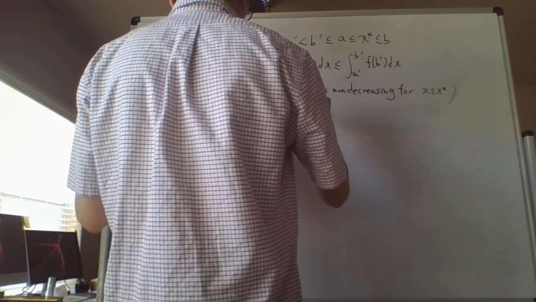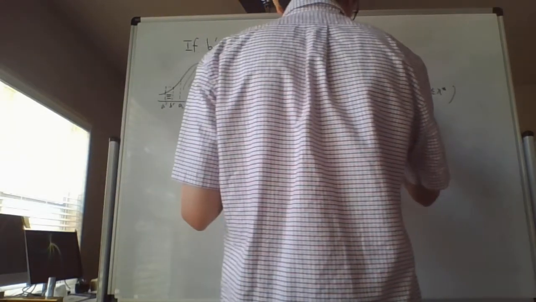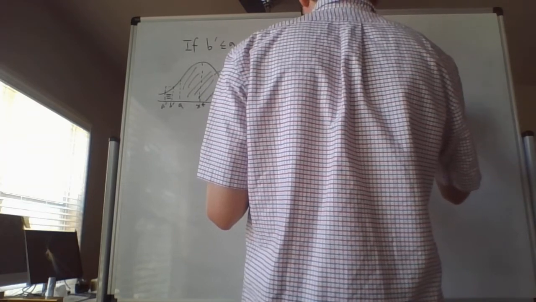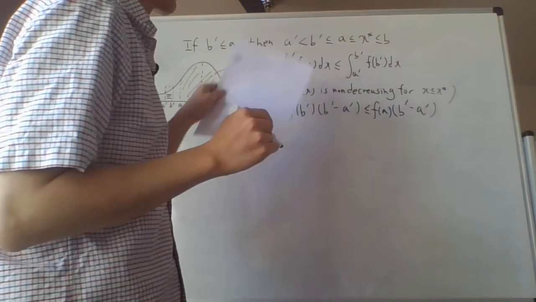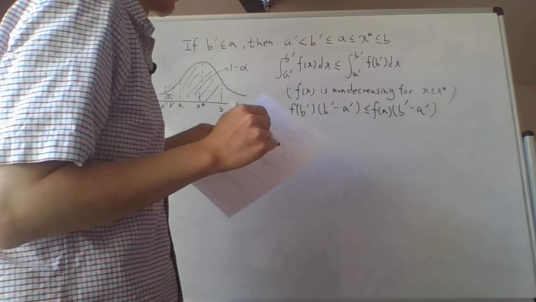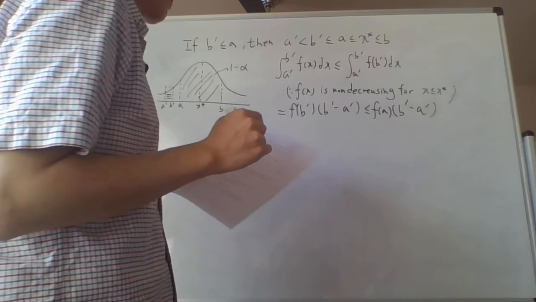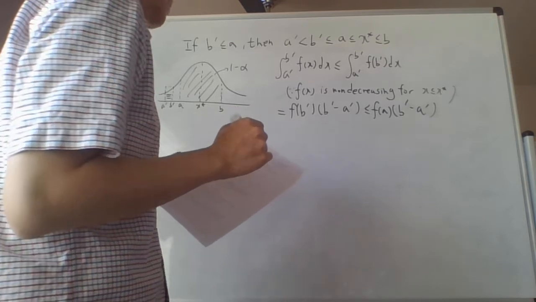So this is equal to f(b prime) times (b prime minus a prime), and clearly f is non-decreasing for x less than or equal to x star, and a is still less than or equal to x star. So you have that f(b prime) times (b prime minus a prime) is less than or equal to f(a) times (b prime minus a prime).